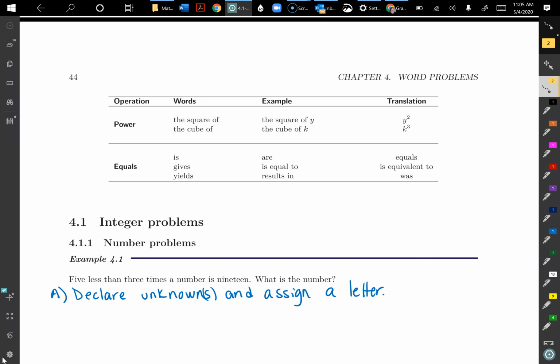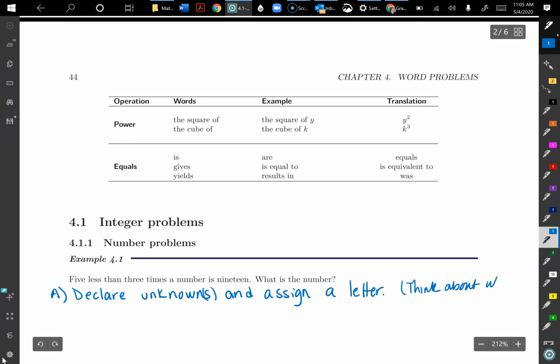And then we're going to look here. So what don't we know and what do we know? We can think about what is given to us at the same time, so we might write a little side note: think about what is given and what is not.